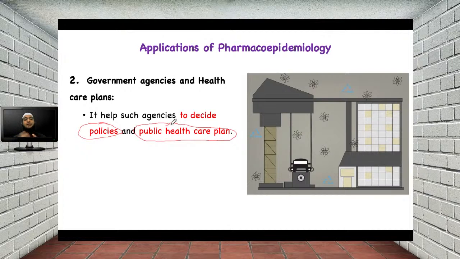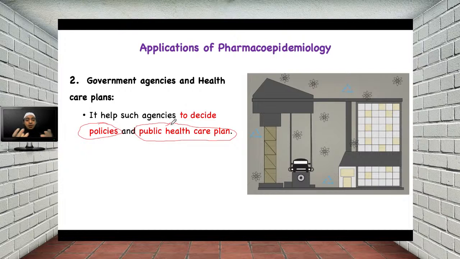This was the result of the pharmacoepidemiological study related to COVID-19. Based on this study, government and healthcare agencies planned that priority should be given to patients with comorbidities and patients aged more than 45 years.